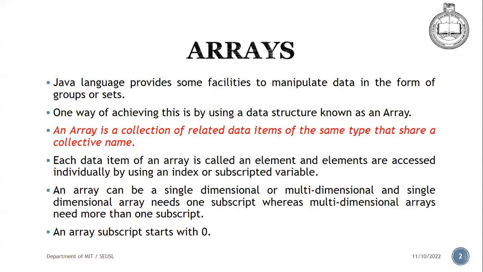In a class, we are trying to put a number of students. In terms of their role, they are of the same type, right? This is the same thing. Consider the class as an array.